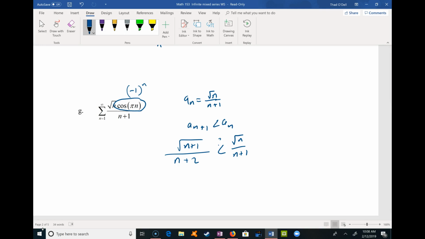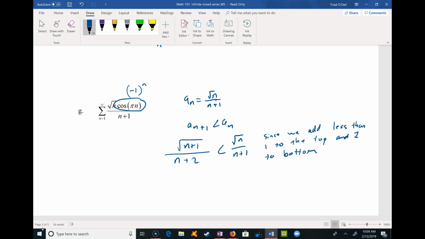So you can see that since we added less than 1 to the top and 1 to the bottom, this is true.